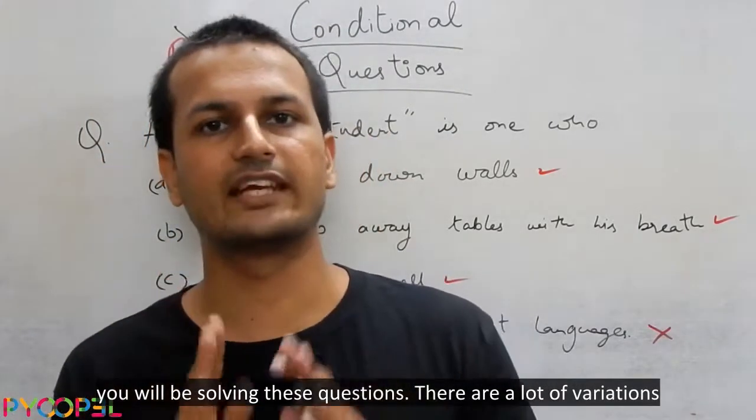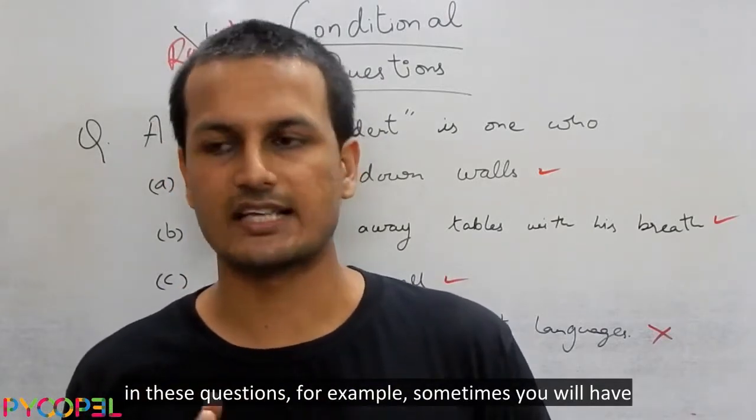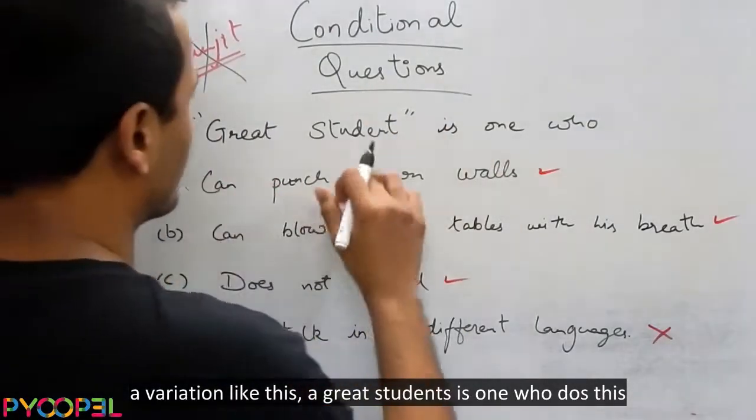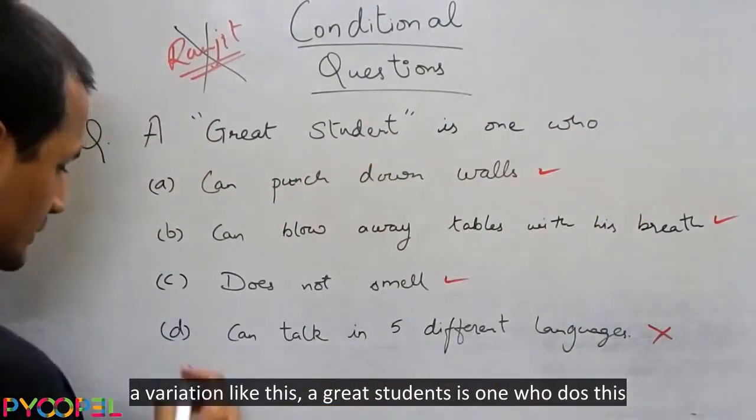There are a lot of different variations in these questions. For example, sometimes you'll have a variation like this. A great student is one who does this.